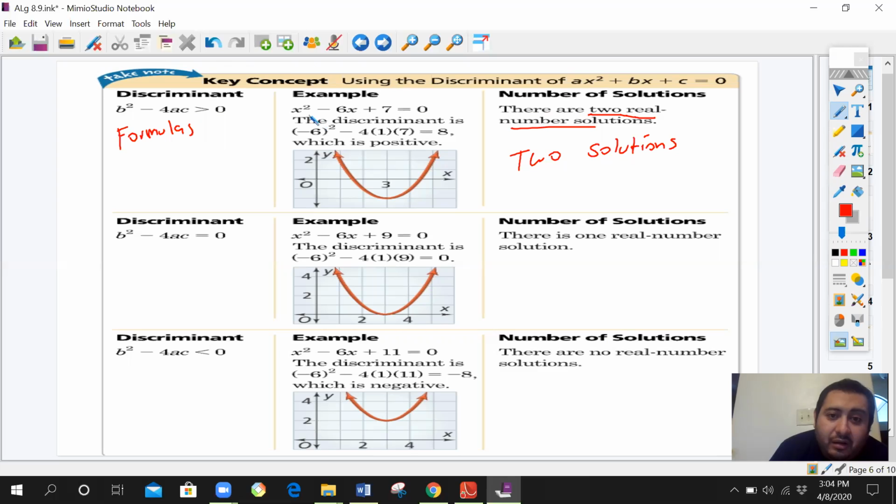It means that the expression is going to cross the x-axis in two locations, here and here. If the discriminant is equal to 0, then you only have one solution. It means it only touches once, right there at the x-intercept. If the discriminant is less than 0, then there are no solutions. No solutions.